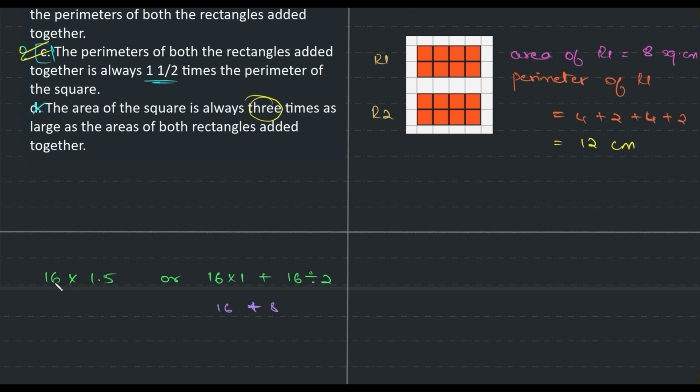Not 16, sorry. I have to look at the perimeter of the rectangles added together, no, it's correct, perimeter of the square. So this will be 16 plus 8, which is 24 centimeter. 12 plus 12, that is 24. Perfect.